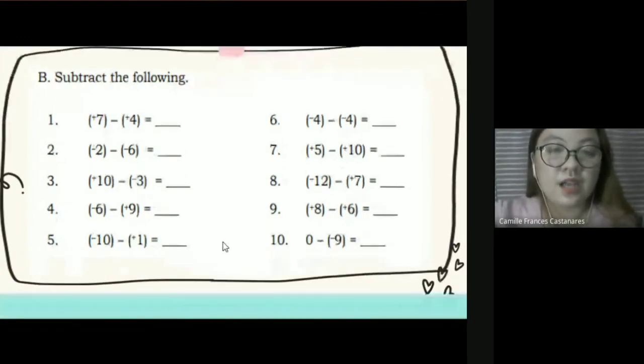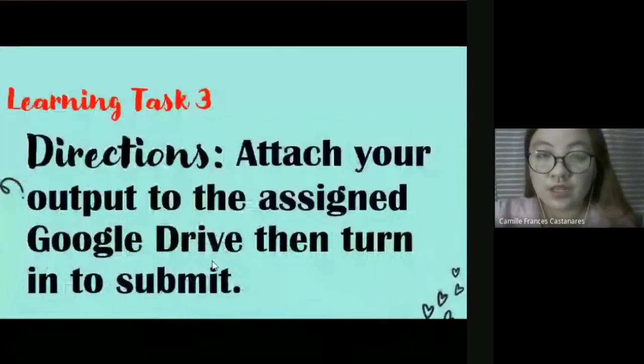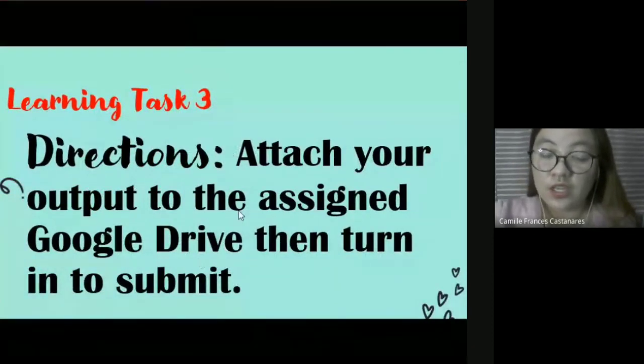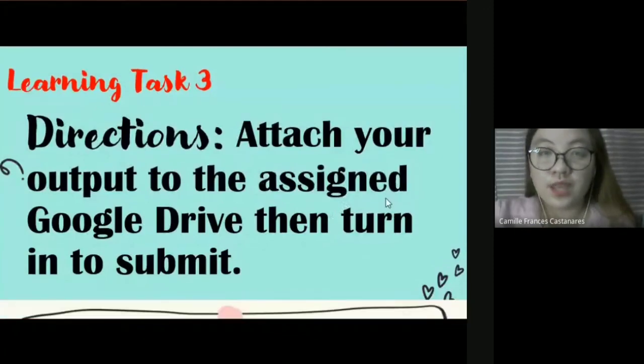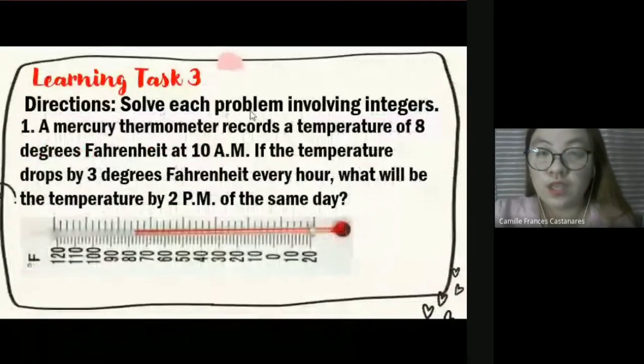Okay, next. Learning task number 3. So, nasa Google Classroom na rin to. Check nyo na lang din after this meeting. So, copy and answer. So, solve each problem involving integers. Show your solutions. Then, box your final answer.